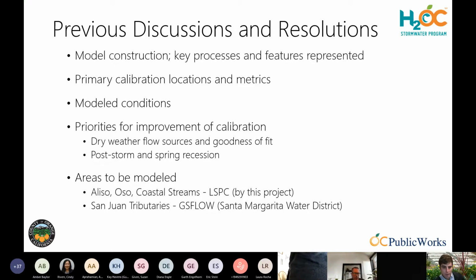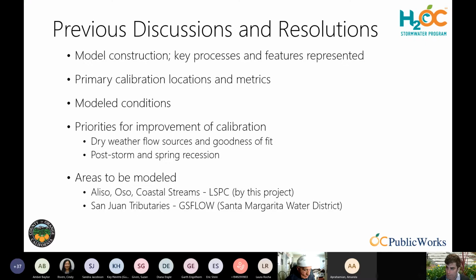And finally, we talked back in both January and June about the areas that would be modeled with different models. We'll hear a little bit more about the GSFLOW model that the Santa Margarita Water District has developed for the San Juan Basin, and what parts of the watershed that is the more reliable model to use for hydrology, and then the areas that are served by the LSPC model that we'll spend most of the time today talking about.